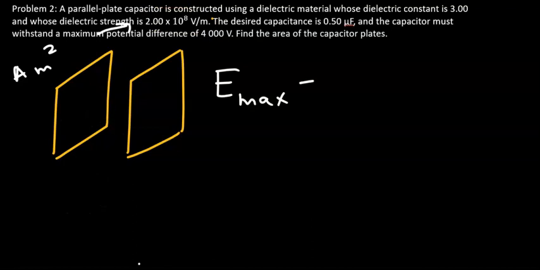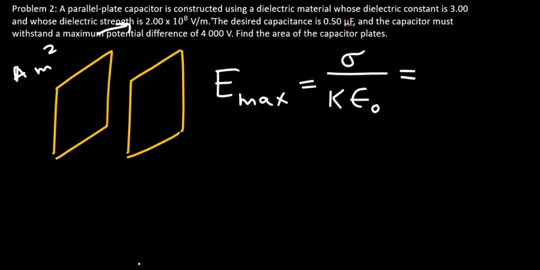Now we know that the electric field between such a parallel plate capacitor is given by the surface charge density sigma over the dielectric constant, which we know to be 3, times the permittivity of vacuum. Together, they're going to give you the permittivity of that dielectric material.